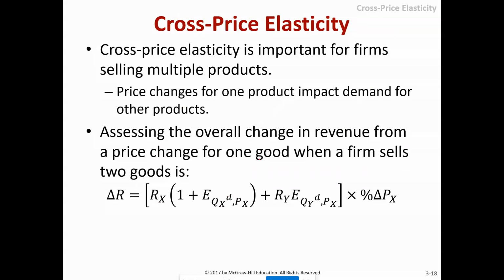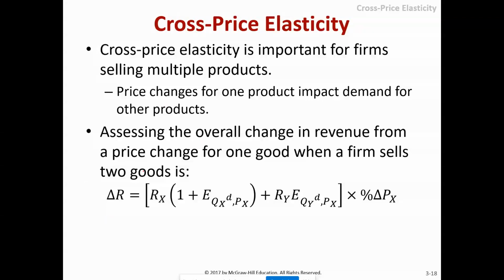So here we want to know, for example, if we increase the price of soda by 10%, how does that influence the quantity demanded for soda, and therefore the revenue for soda, and also influence the sales of sandwiches, therefore the revenue for sandwiches. We want to check on that.